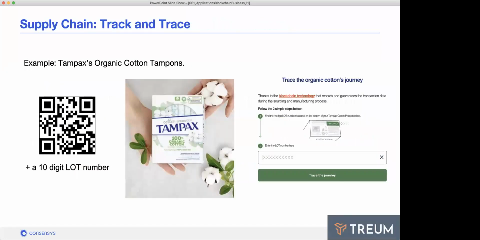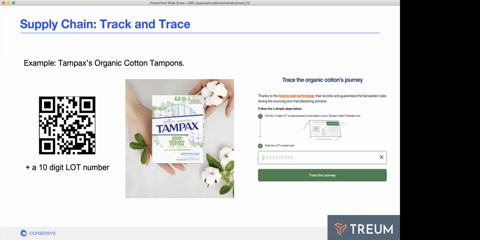And in fact, one example is tampons. And so what they have is a barcode, a QR code on the outside of the packet and a 10-digit lot number.